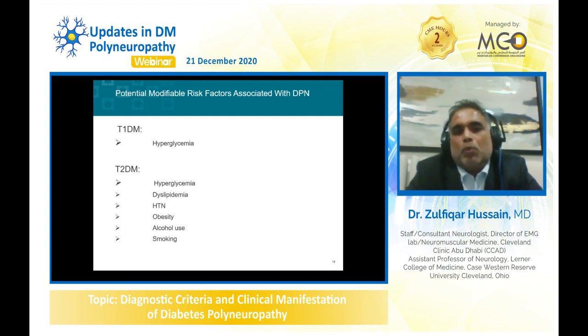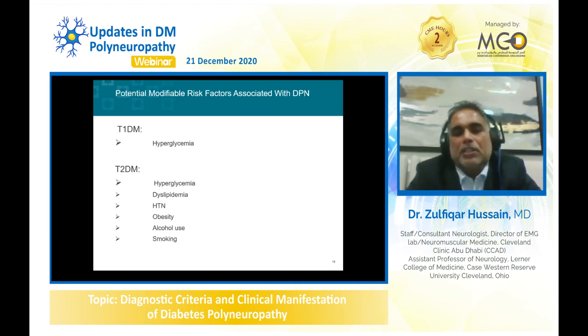Compared to type 1, in type 2 hyperglycemia is a major risk factor, but its contribution to the development of peripheral neuropathy is not as significant as in type 1, given that intense glucose control in the studies showed a reduction in the development of peripheral neuropathy of only about 5 to 9%, as compared to close to 75% in type 1.